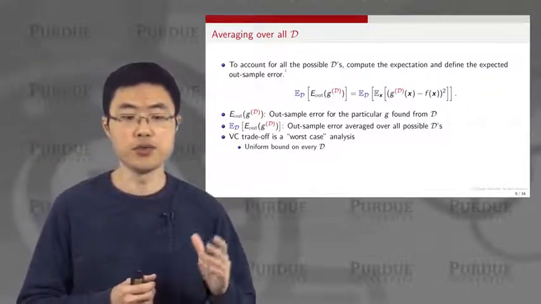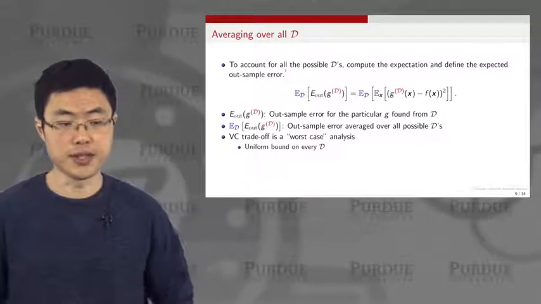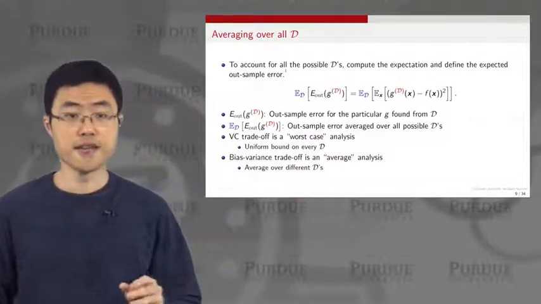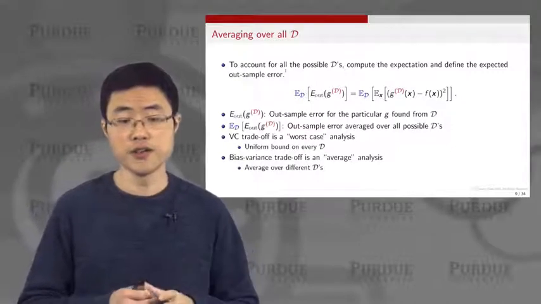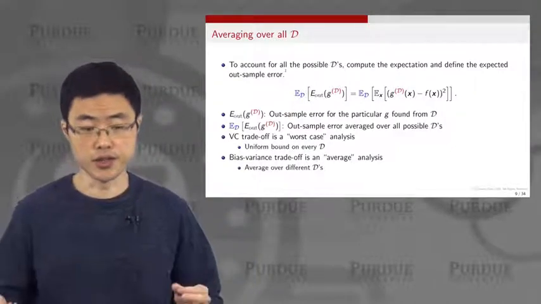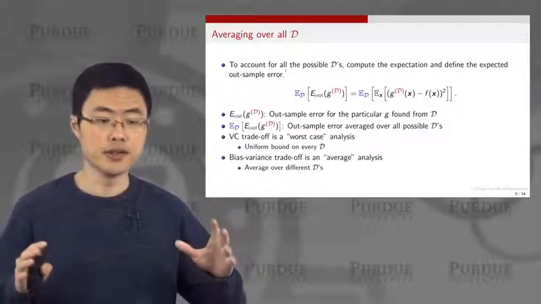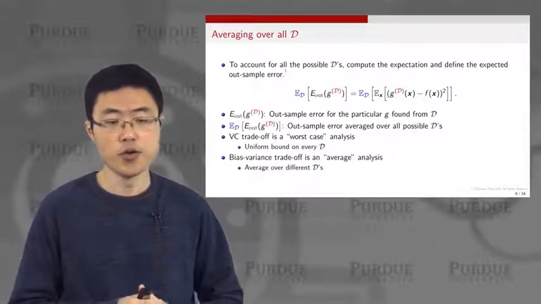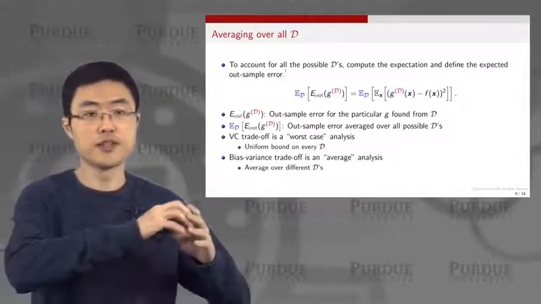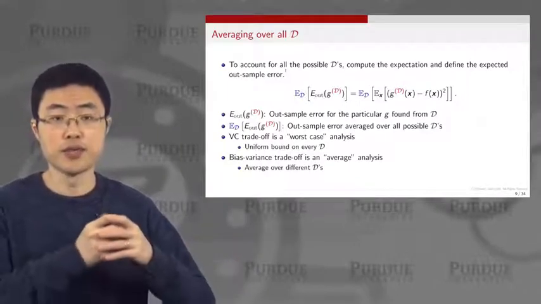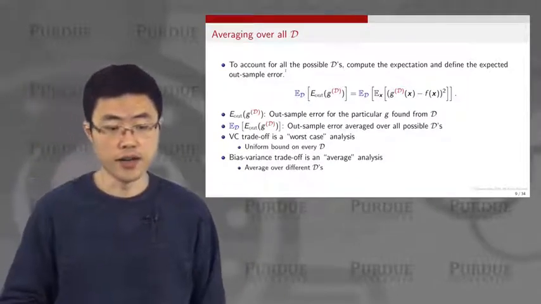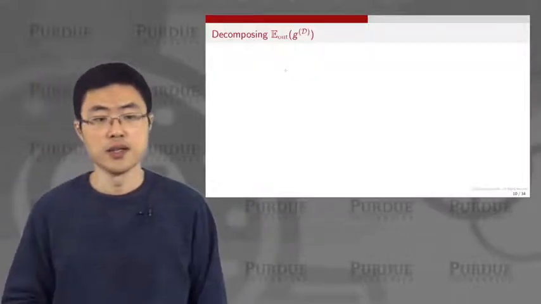So this is giving you a uniform bound over every D. The bias and variance analysis says that I want to look at the trade-off based on the average analysis. So it is now the average analysis over different Ds. You have a different collection of training sets, and then I want to take the average over all these training sets.